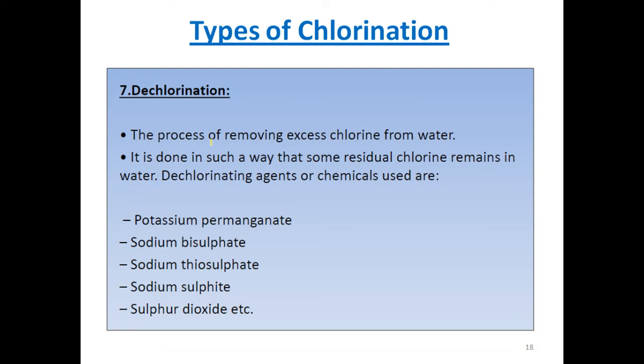This is very useful in oral examination, as the examiner may ask you to give the chemicals used for dechlorination. So what are dechlorinating agents? The chemicals which are used for dechlorination are called dechlorinating agents.